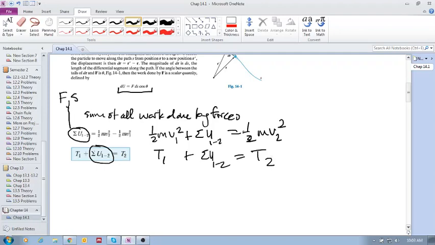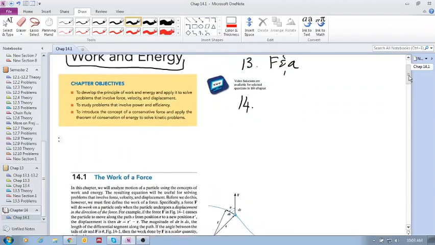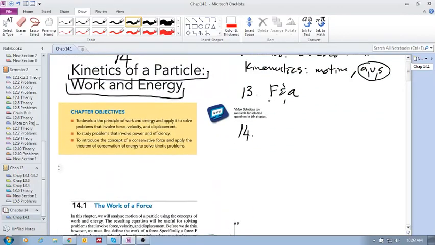So take note: in this one we've got force and displacement information, as we'll see in a minute, and in these two we've got velocity information. In chapter 13, if we had force and acceleration information, we could solve using the techniques in chapter 13.